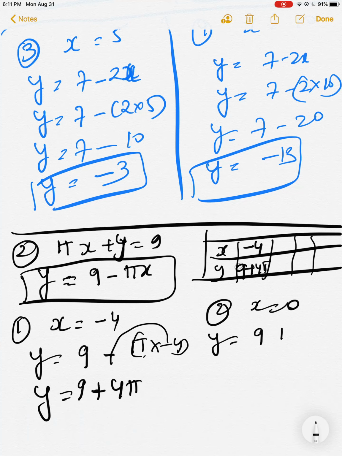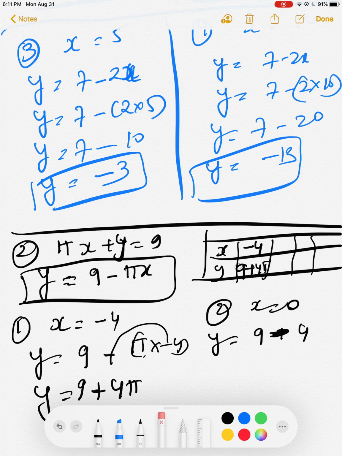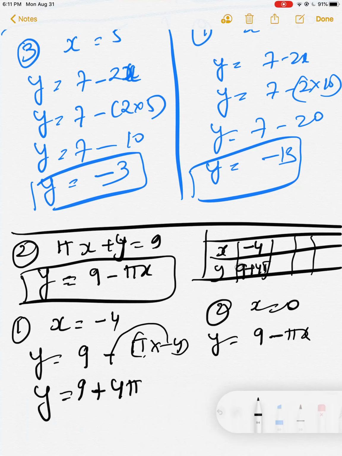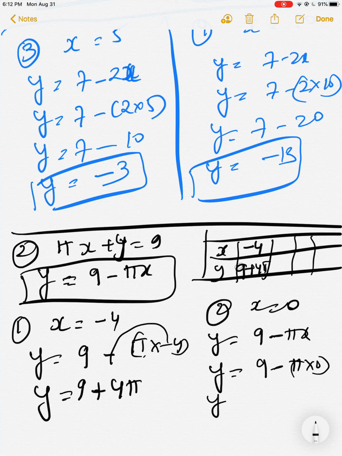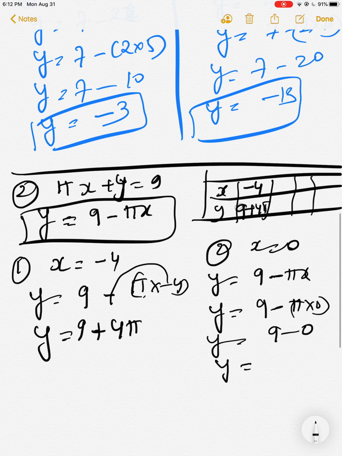Okay, now here y is equal to 9 minus pi x. y is equal to pi into 0. y is equal to 9 minus 0. y is equal to 9. So if you take x as 0, y value is 9.